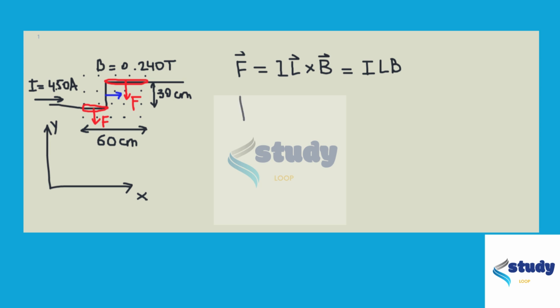It's going to be on the x-axis, so Fx equals 4.5 amps times 0.3 meters, that's the length of this part, and times the magnetic field, 0.24, right, which equals 0.324 newtons.